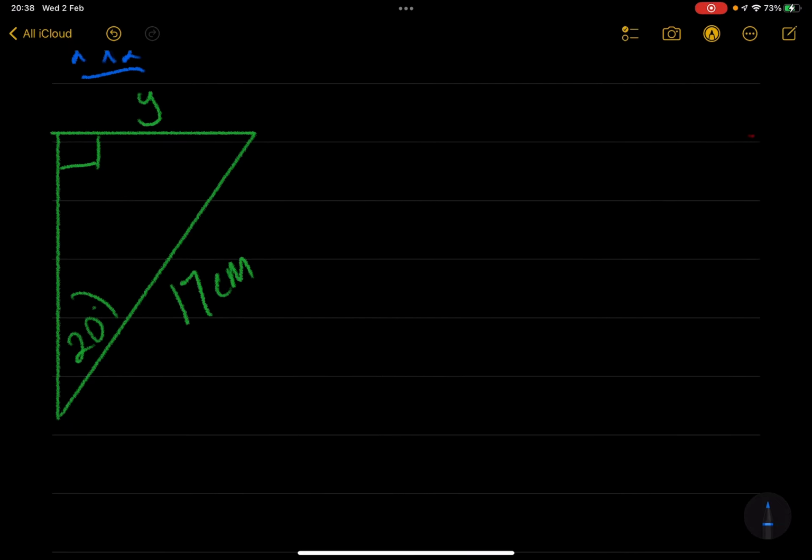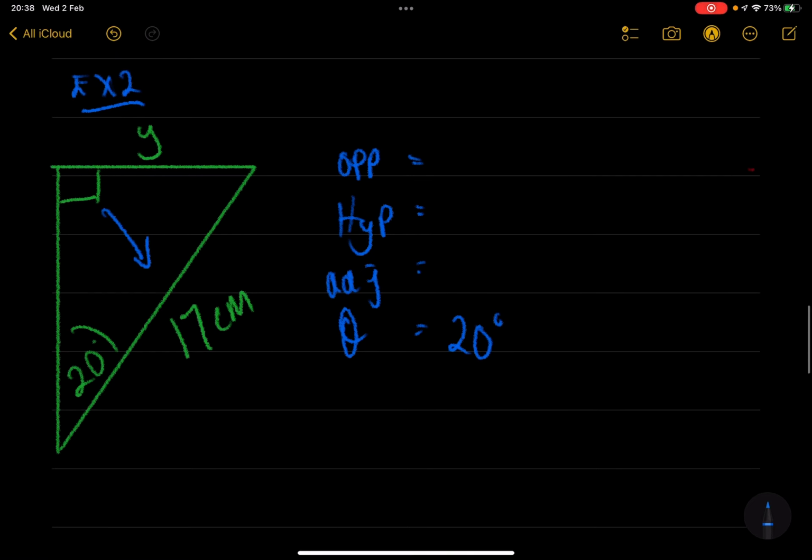Okay, so you should be doing your list. So your opposite, your hypotenuse, your adjacent, and then your angle. So what have we got? Your angle's obviously 20 degrees. You've got a hypotenuse because it's opposite the right angle, so that's your 17.